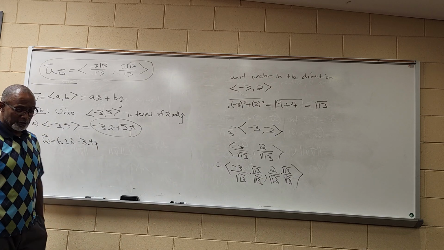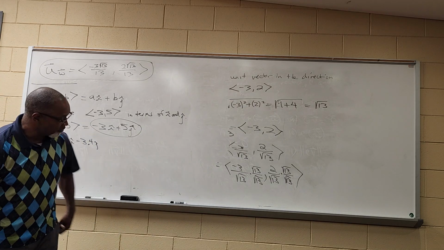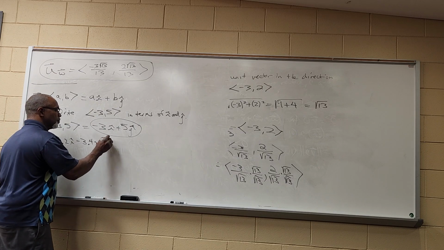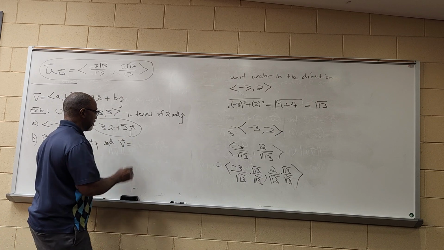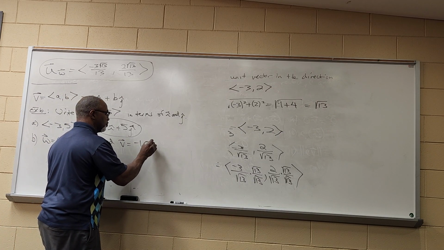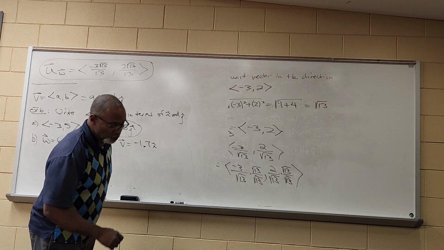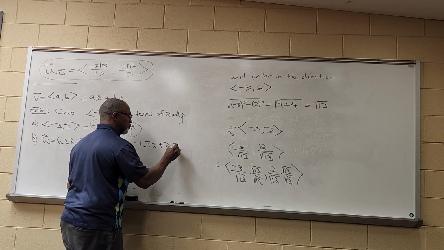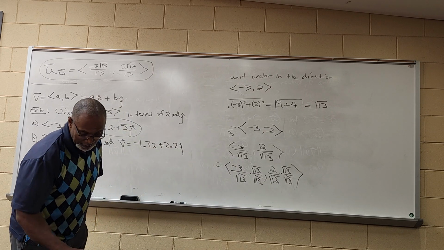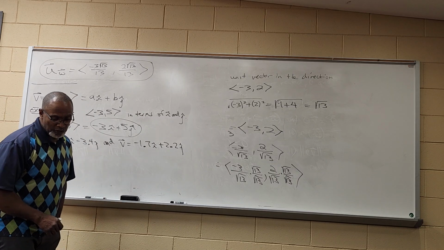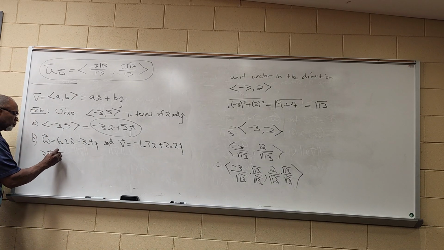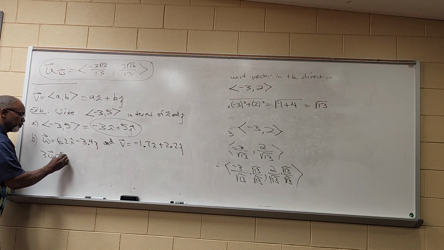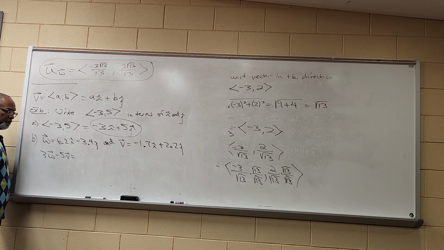So vector w is already in component form, and vector v they give us is negative 1.7i plus 2.2j. So I've got these two vectors. They say write 3w minus 5v.